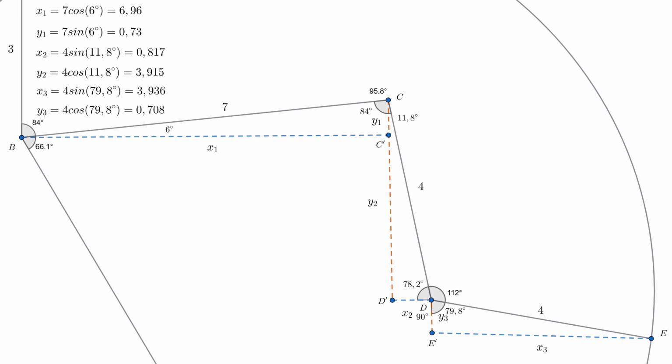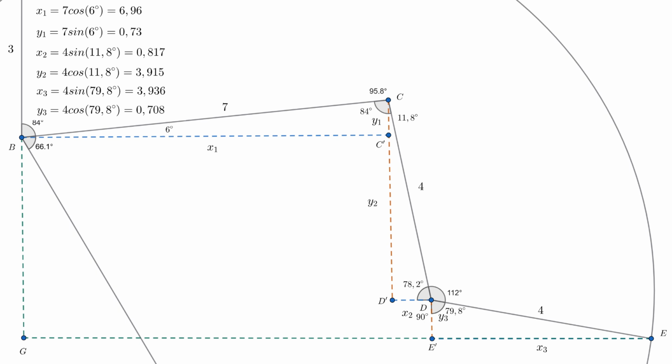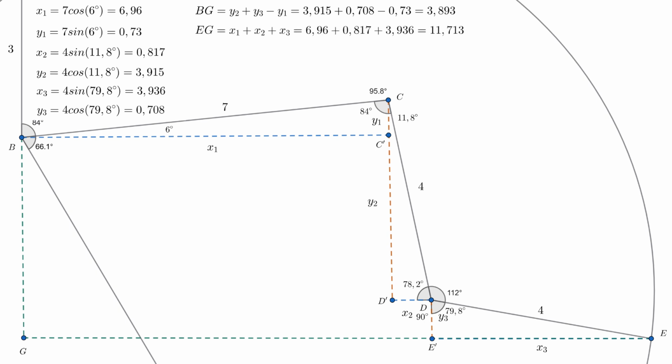Now we add up the vertical and the horizontal distances to get the length of this half chord here, which we'll call EG. So the y distance of EG from B is y2 plus y3 minus y1, which is 3.893. And the length of EG is x1 plus x2 plus x3, which is 11.713.